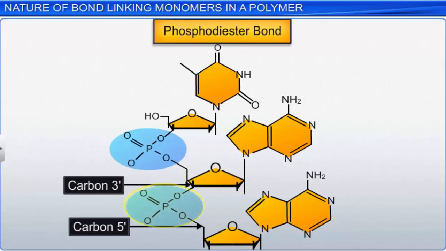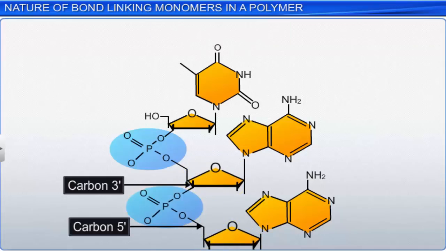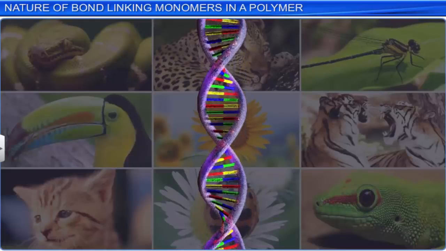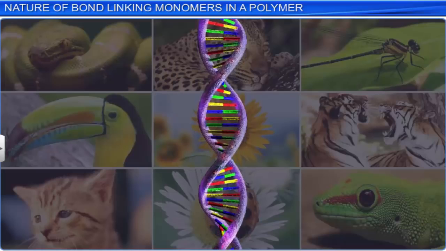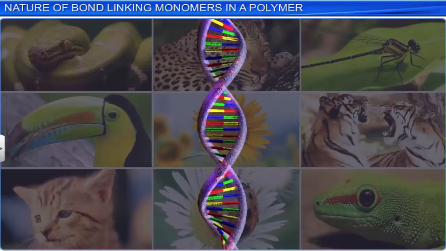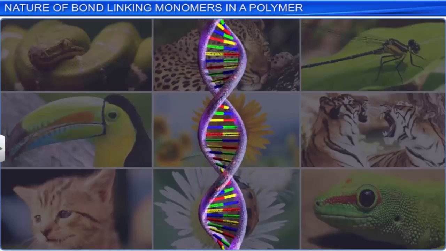This bond links 3' carbon atoms of one sugar molecule with the 5' carbon atoms of an adjacent sugar molecule. The phosphodiester bond is very vital to all forms of life, as it forms the backbone of deoxyribonucleic acid or DNA strands.